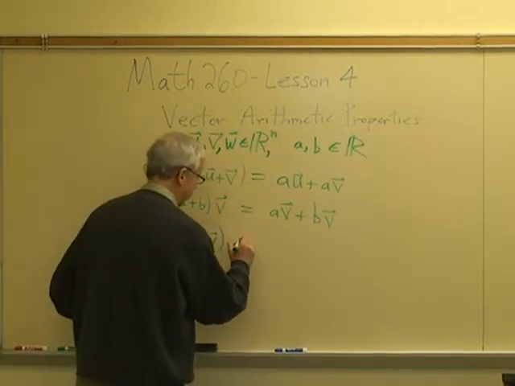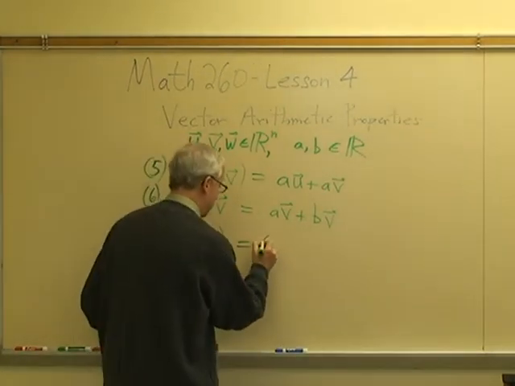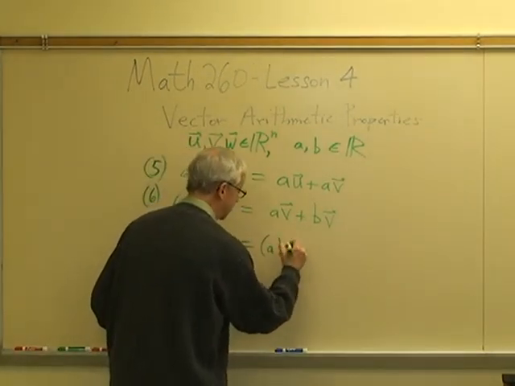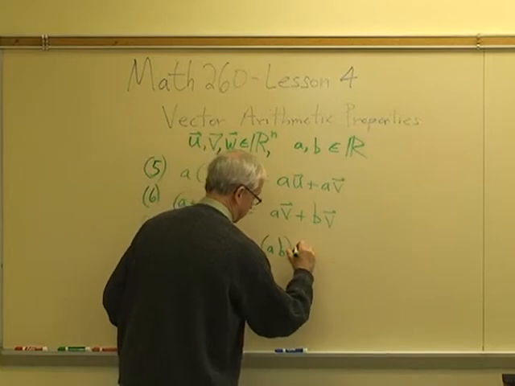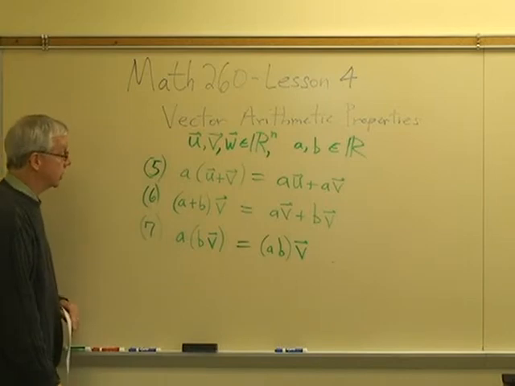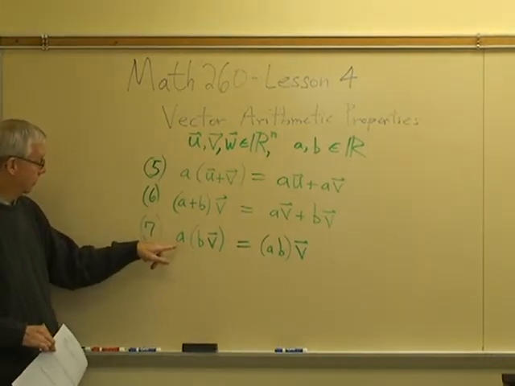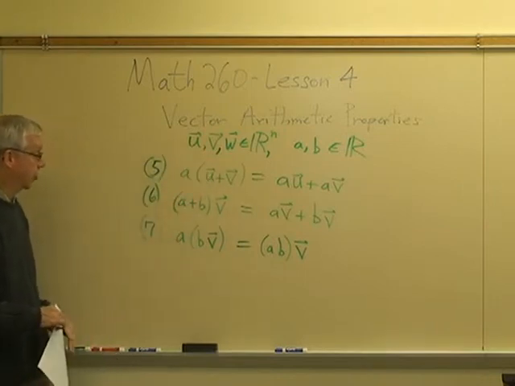So I'm scaling the vector twice. But it turns out that's the same as if I multiply the numbers first, and then multiply the product of the numbers times the vector. This is called the compatibility of scalar multiplication with real number multiplication.